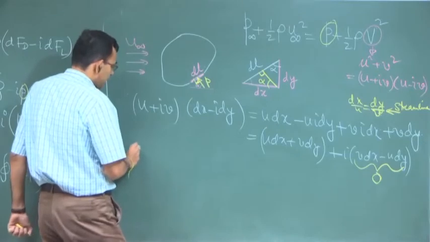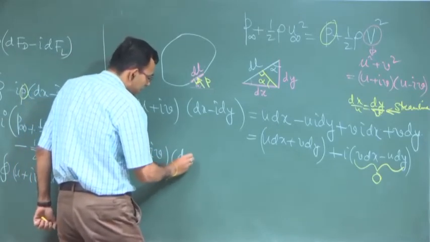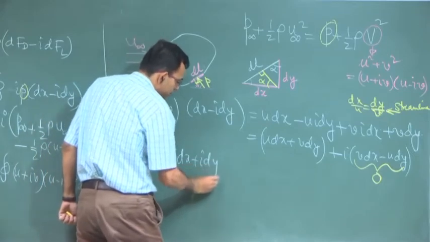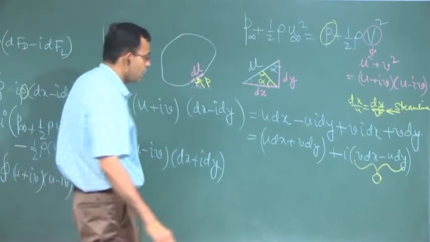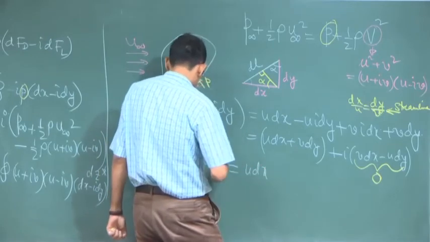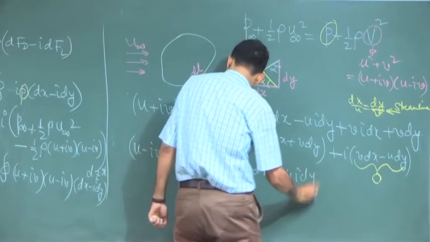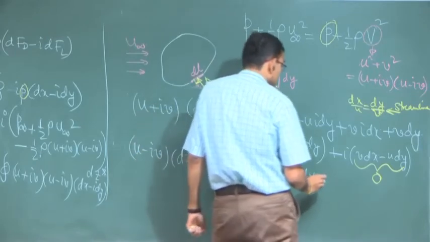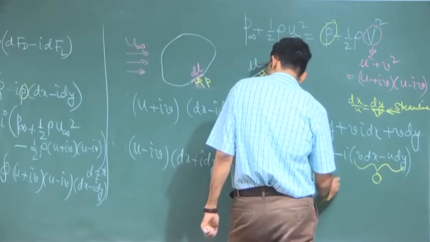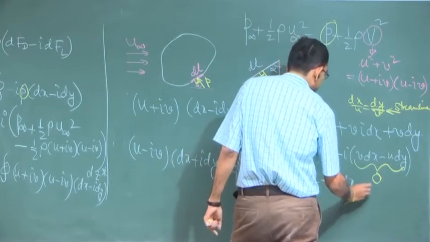Just for the sake of interest, calculate (u minus i v) into (dx plus i dy). So, it is u dx plus u i dy minus v i dx then plus v dy.